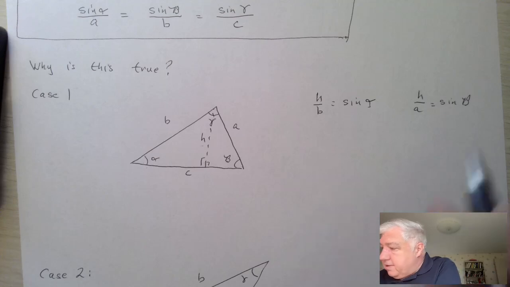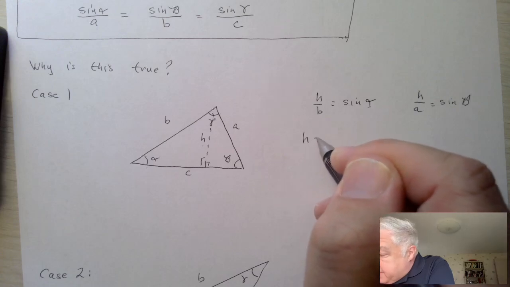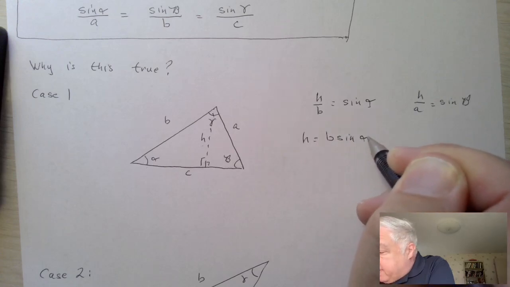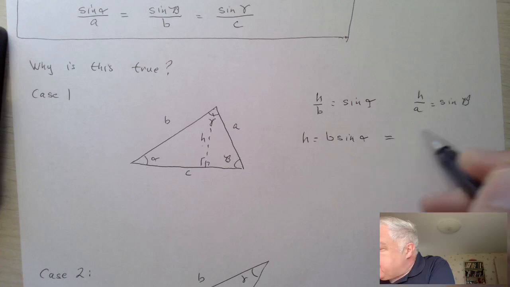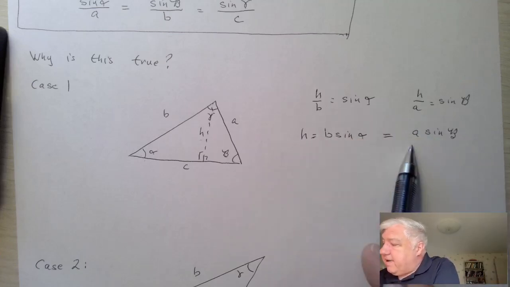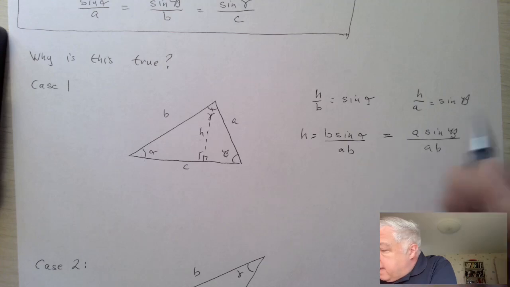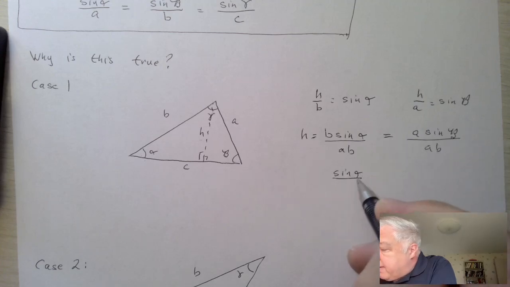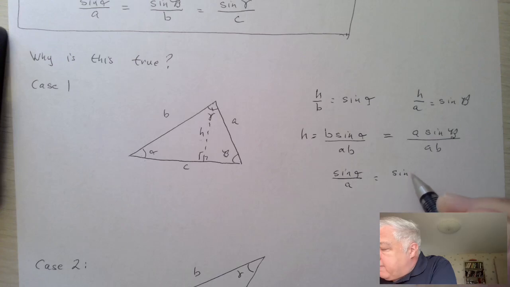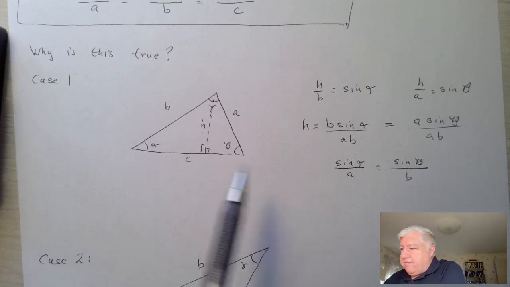So we have that H is going to be B times the sine of alpha, but at the same time, it's also going to be A times the sine of beta. Then just ignoring H now, we can divide both sides by AB, and we get the sine of alpha divided by A is equal to the sine of beta divided by B. That takes care of this part.